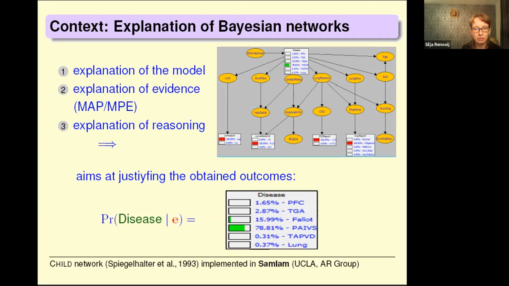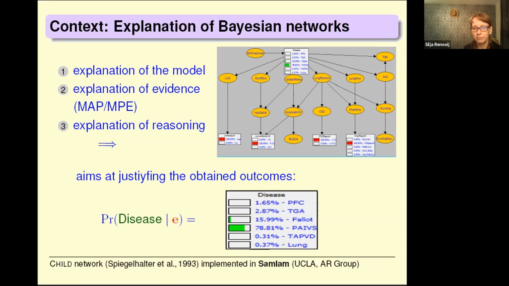And with an obtained outcome, I basically mean a prediction for an outcome variable of interest, and a prediction is in a Bayesian network a distribution. So in this case, the disease variable is what we're interested in.